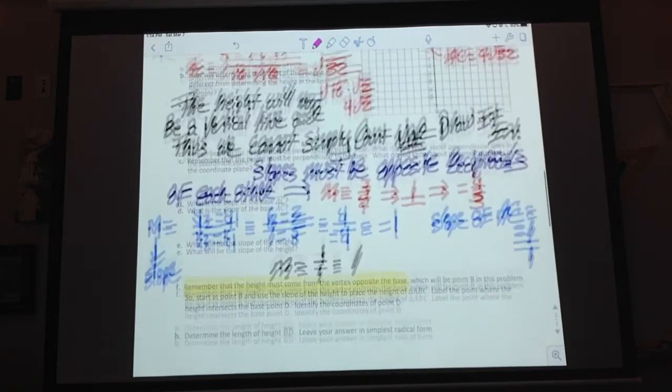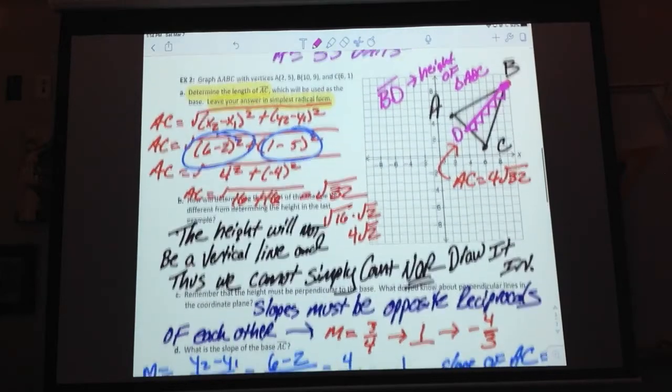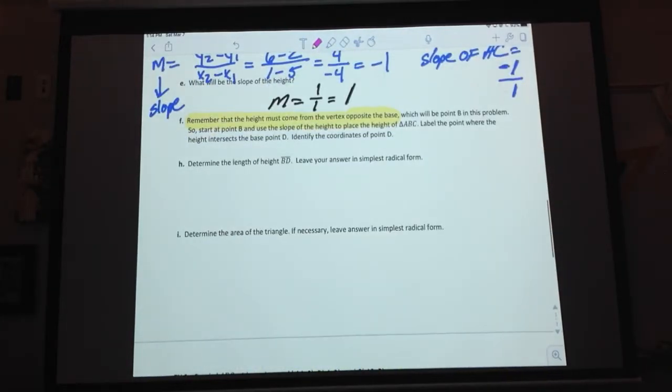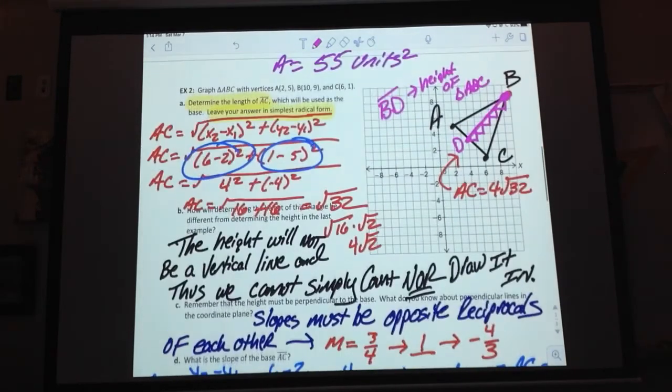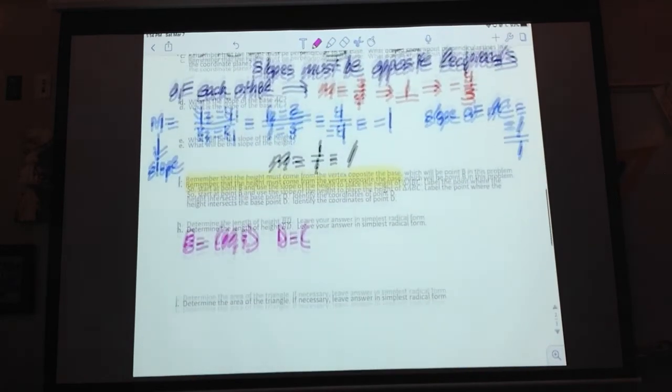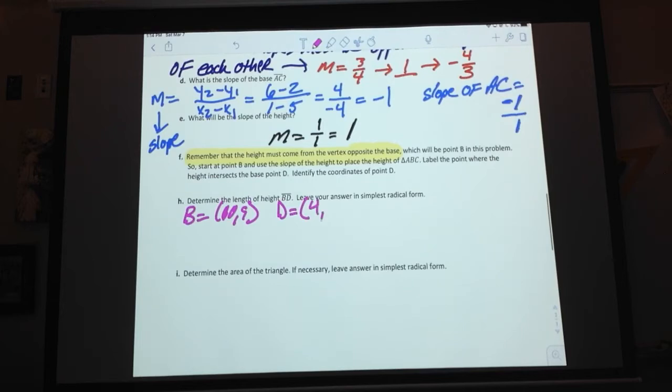So, looking up here, I know that B is at 10, 9. So B is at the point (10, 9). And I know that D is at the point, where is it? It is up here at (4, 3). So my point D is at (4, 3). So now I'm going to use the distance formula to find it.